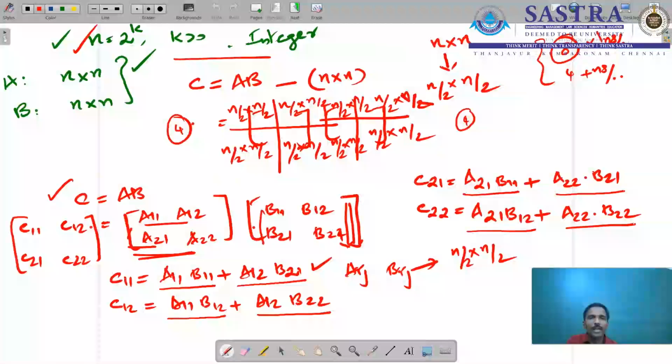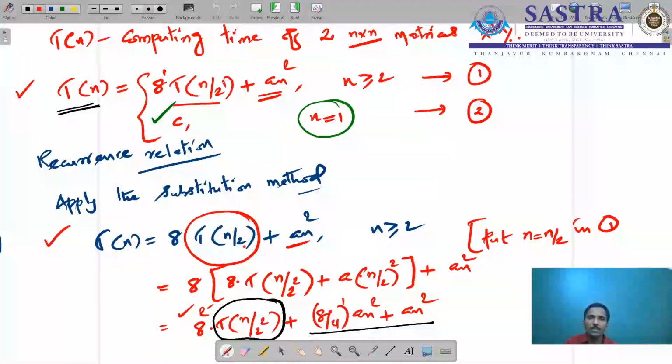So we have obtained the solution to the divide and conquer based matrix multiplication. That means the solution to this recurrence relation T of n is equal to 8 into T of n by 2 plus a n square, where a is a constant when n is greater than or equal to 2, and c when n is equal to 1. The solution is obtained by applying the substitution method.